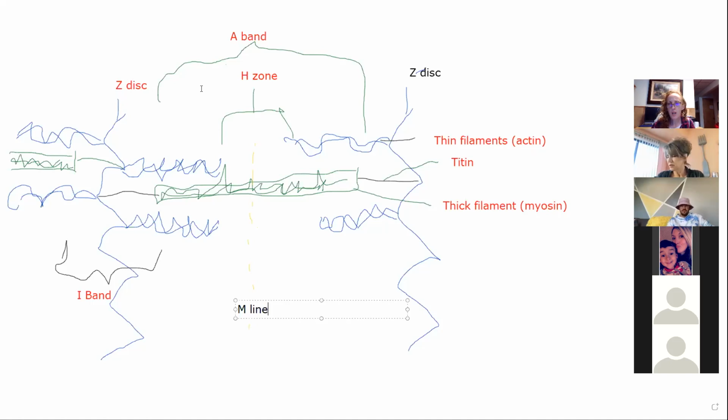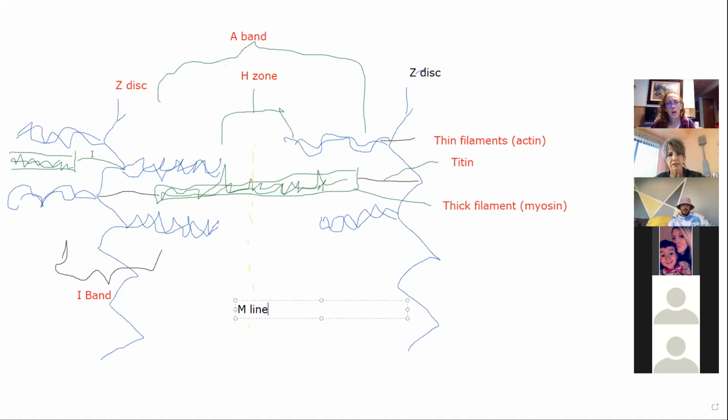Professor, I have a question about the diagram. Go. The box that you drew with the green, I guess it's supposed to be a thick filament to the left. Yes. Now, did you say that was attached to the titin? Yes. Okay, so that line should go down to actually the titin instead of where you have it at the thin filament. On the left-hand side of the screen, the green line that you have attached there.